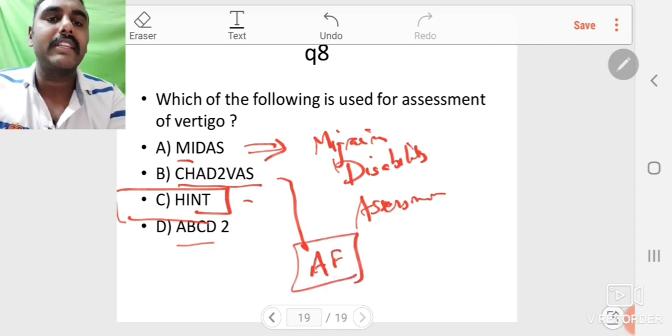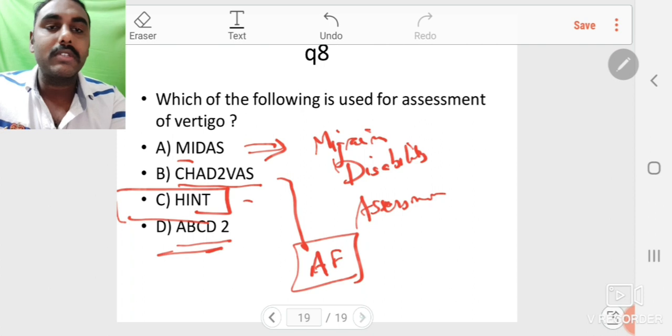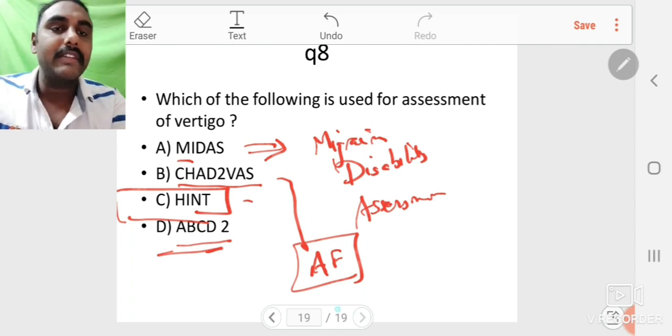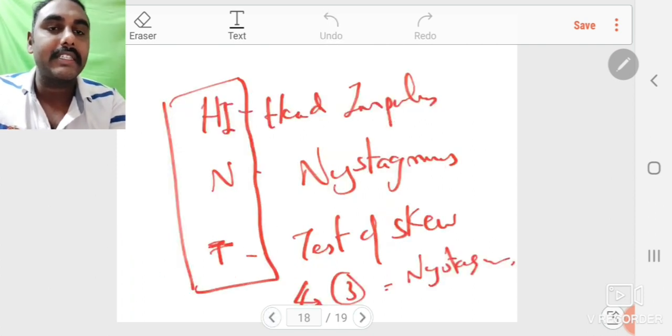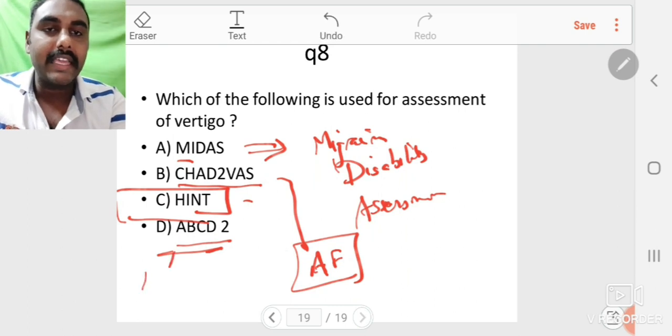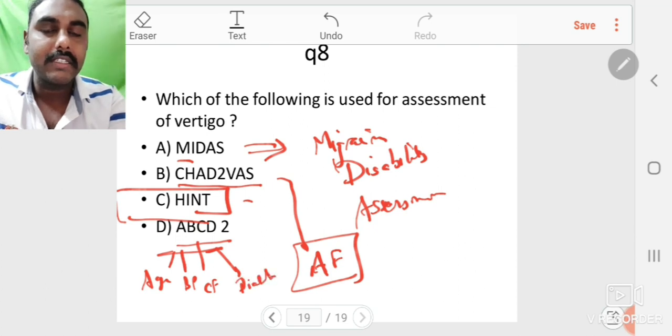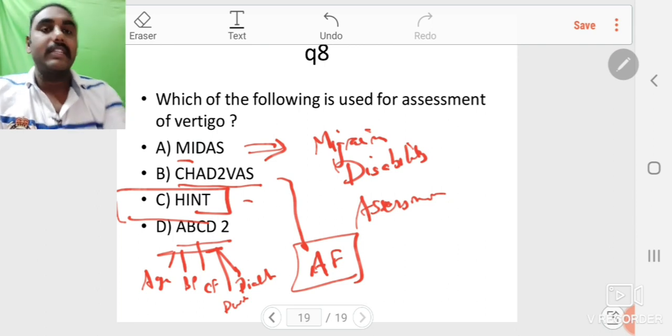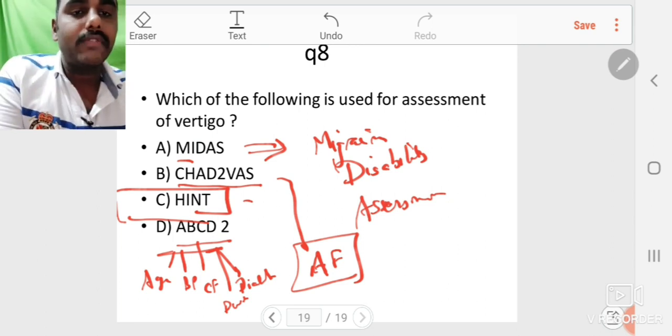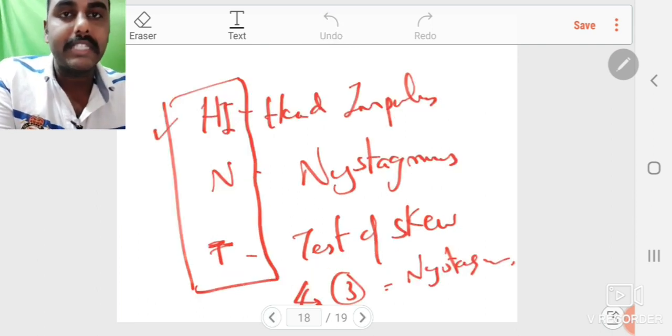ABCD2 score is concerned with clinical examination, that is A for age, B for blood pressure, C for clinical features, D for diabetes, and D for duration of symptoms. Not important here in ENT. So the test for assessment of vertigo in the score is HINT score.